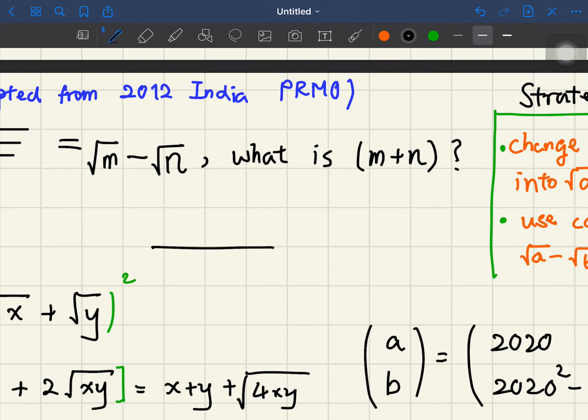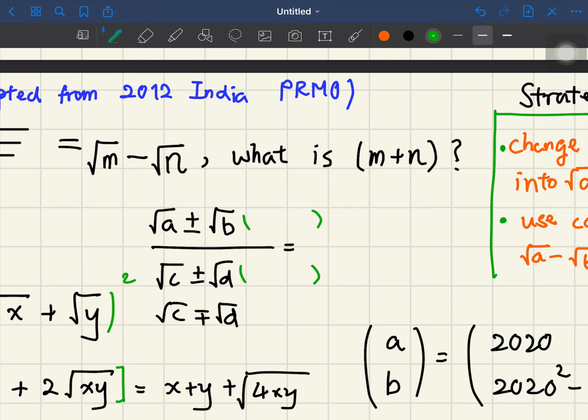For example, when you have a constant on the top, or any kind of a surd, plus minus, for example, and then on the denominator we have a plus minus surd, you can use the conjugate of the surd, which is C minus plus D, to multiply both the top and bottom of the fraction.